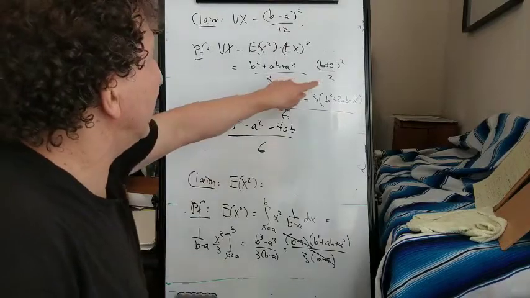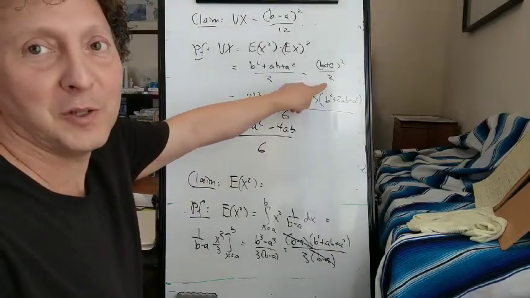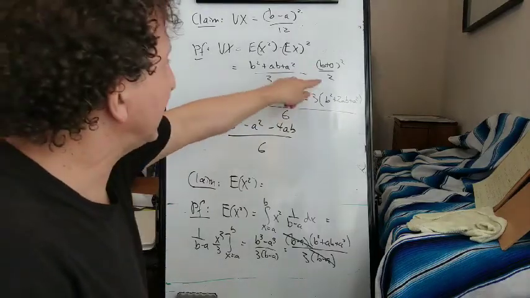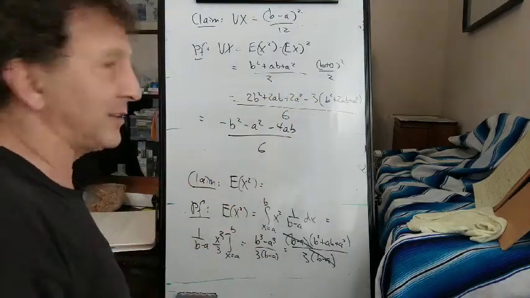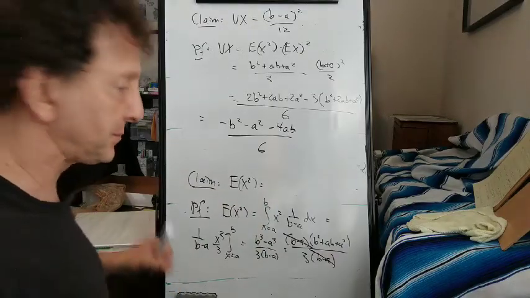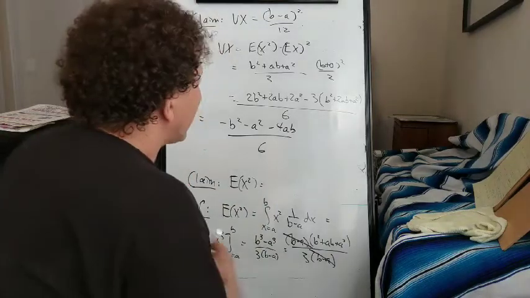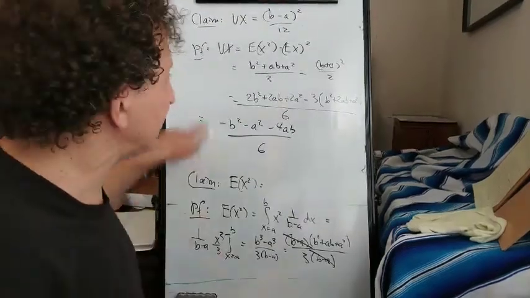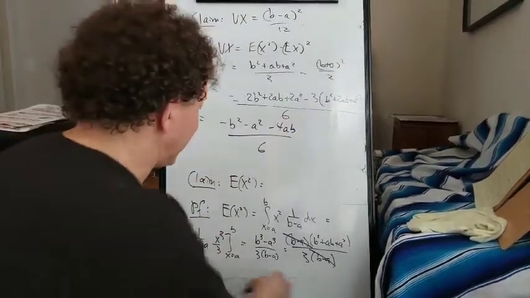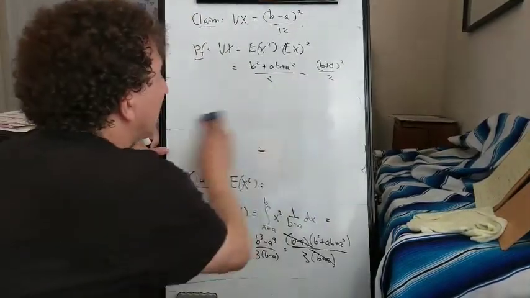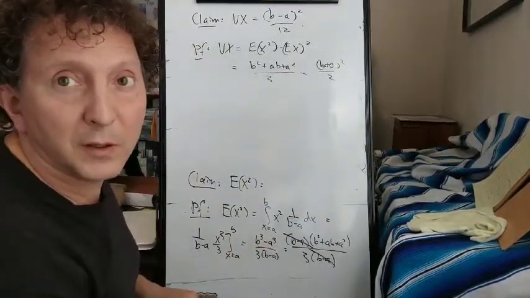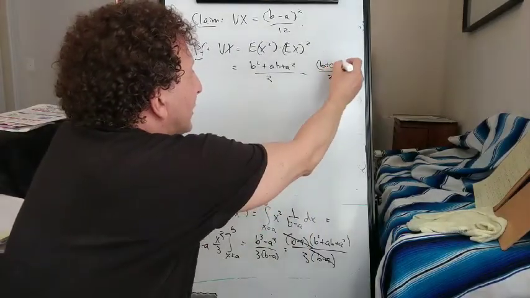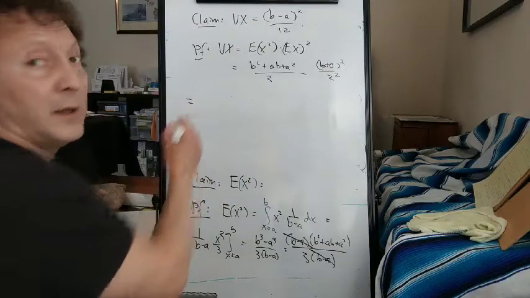Oh darn it, I forgot to square the 2 here. This is b plus a over 2, the whole thing squared, which means the denominator needs to get squared too. I guess there's so much glare here that it doesn't hurt if I really erase that anyway. So you can see this is b plus a, the quantity squared, over 2 squared.